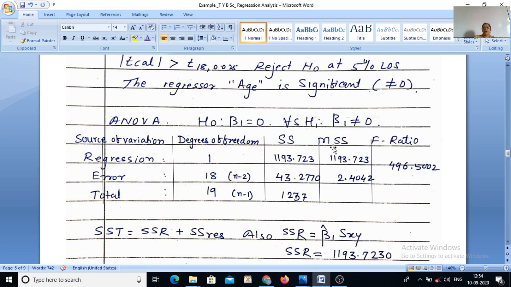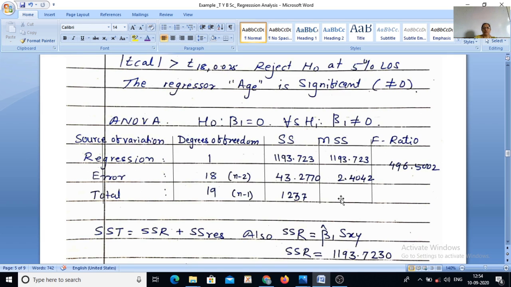So how do you compute the mean sum of squares? We compute the mean sum of squares by dividing the sum of squares due to regression by the number of degrees of freedom, okay. Similarly, 1193.723 upon 1 is this, and the mean sum of squares for error is 43.2770 upon the degrees of freedom, that is 18, okay.